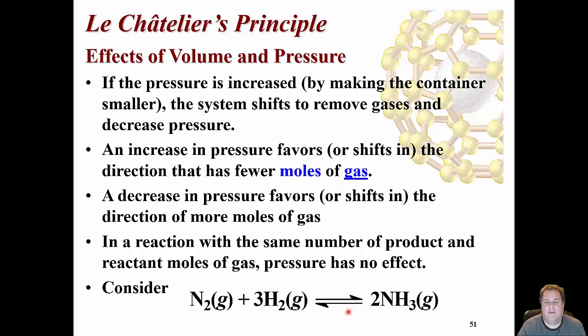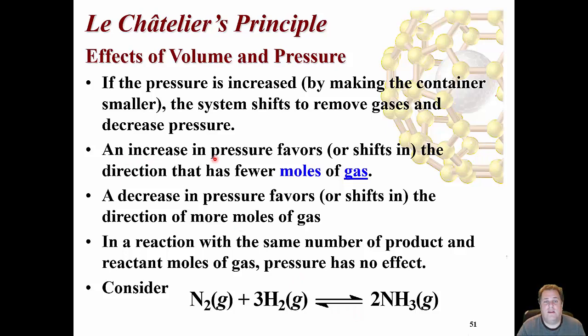You might be saying, well, all those gases are there, we can't remove any. But if we look closer, we see that if we go to the right, we look at the coefficients of 1 and 3, which is saying for every 4 moles of gas that react, we produce 2 moles. So every time we make more NH3, we're actually reducing the number of gas molecules.